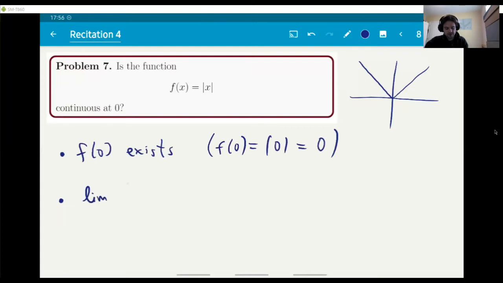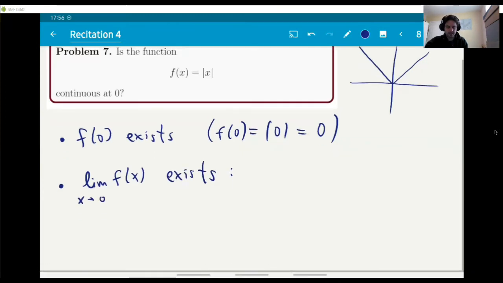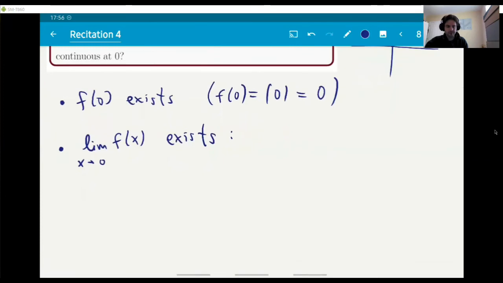What about the limit? Does the limit of f of x as x goes to 0 exist? How do we know that it does exist? Okay, f of x is the absolute value function. When you have absolute values, you should not automatically plug in the number 0.